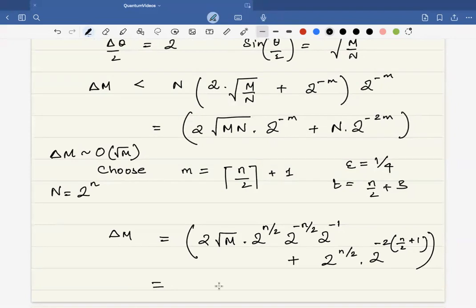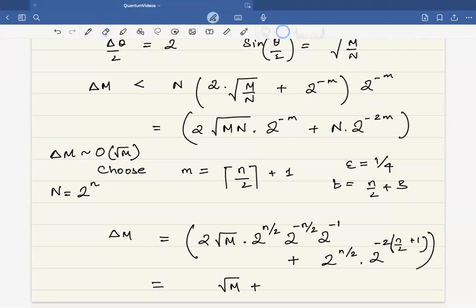So we'll get this to be square root of M plus, this is n over 2, correct?